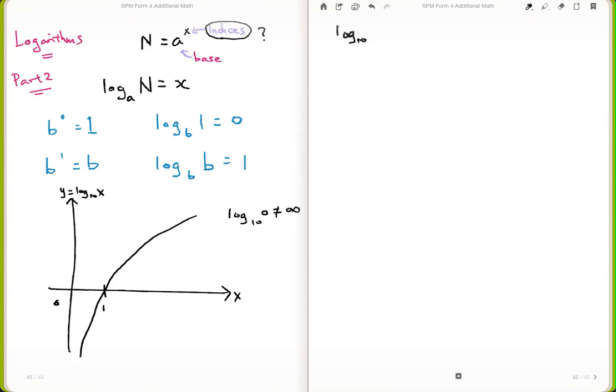Log base 10 of x is a very common logarithm, the common log. You may use a calculator or perhaps the table.